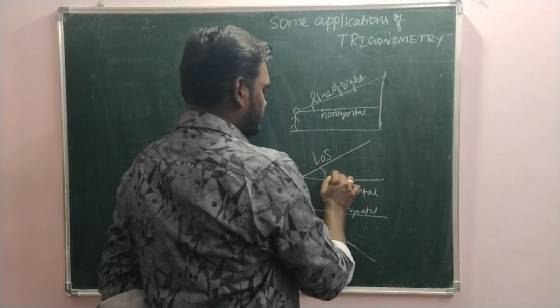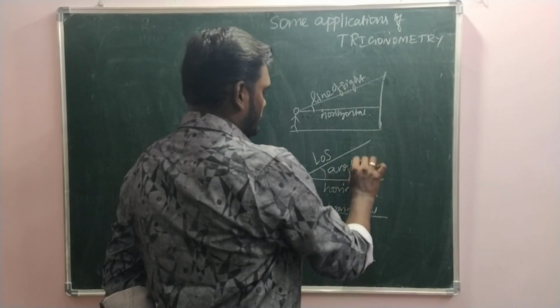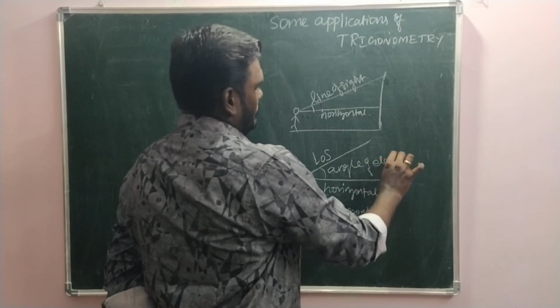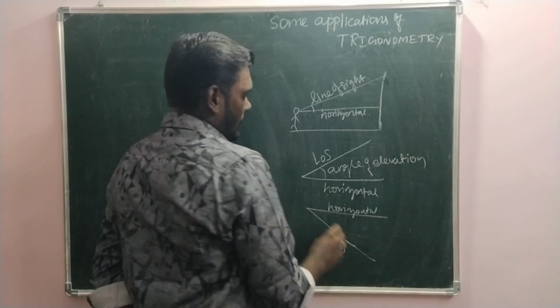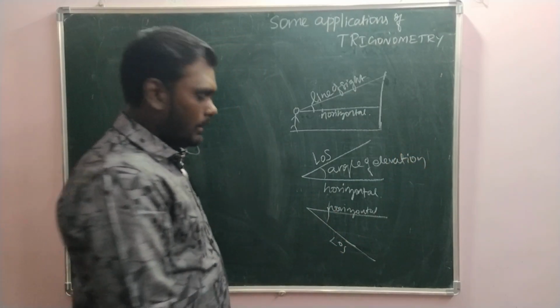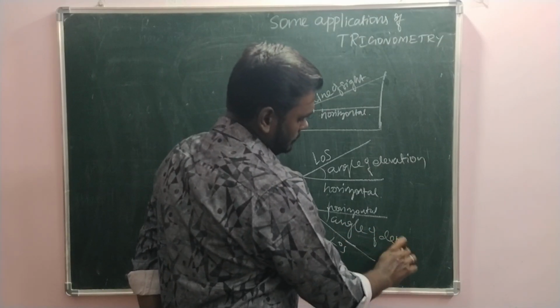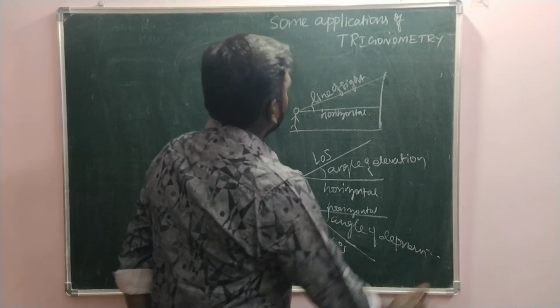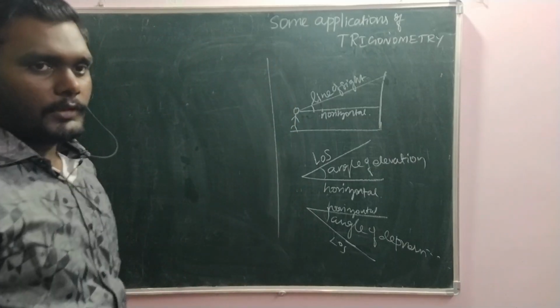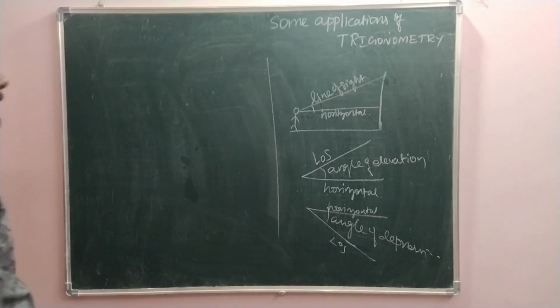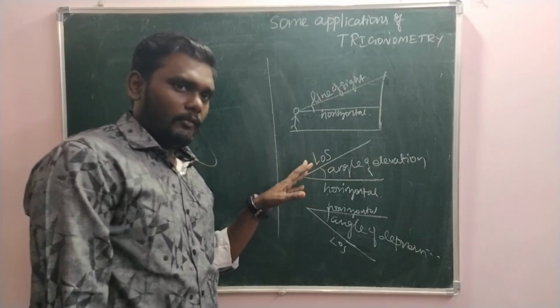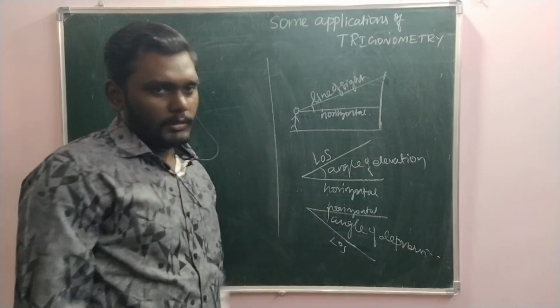Are you listening here? If that is below the horizontal, we call it angle of depression. While solving some questions, we simply have to observe how the line of sight works, whether it is above the horizontal or below the horizontal.